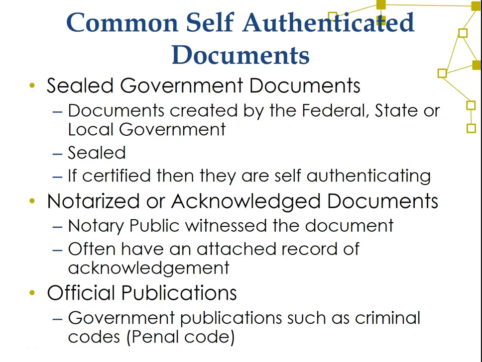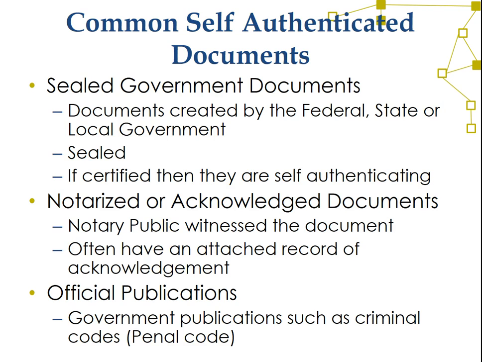And certified copies of, let's say, public records are also self-authenticating. And a certified copy is usually signed by someone working at the clerk's office, and a paragraph is usually added to the document that states that this is a true copy of an official document, and then it's signed and in many states sealed.